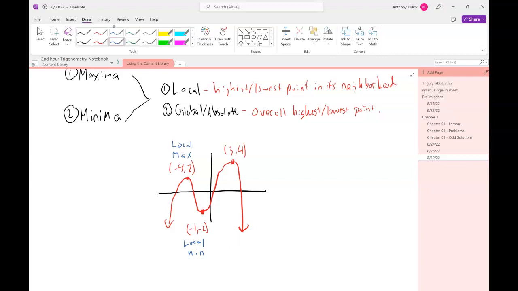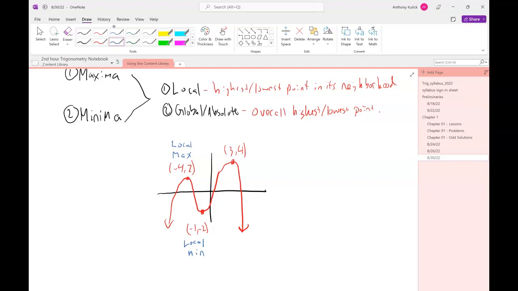Even though it may not look like it in our picture, the arrows pointing down, we know, go on forever. So in this one, there is no global minimum, because any point you pick, even on that arrow, because the arrow goes on forever, there's another point after it that's lower. Does that feel okay there?